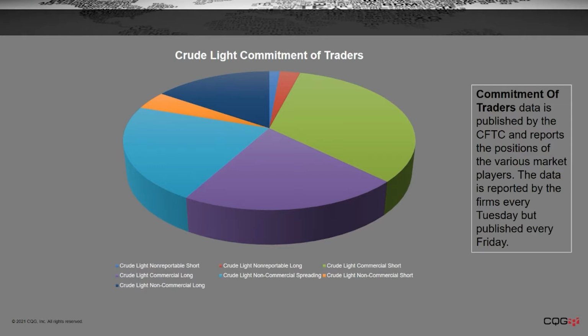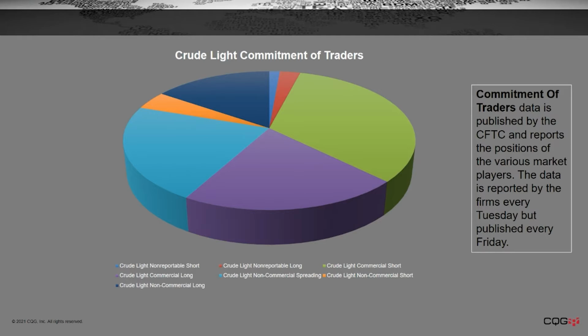To start with, the first fundamental tool I would like to go over is the commitment of traders data that is published by the CFTC. It reports the positions of the market participants, and it is reported by the firms themselves every Tuesday.